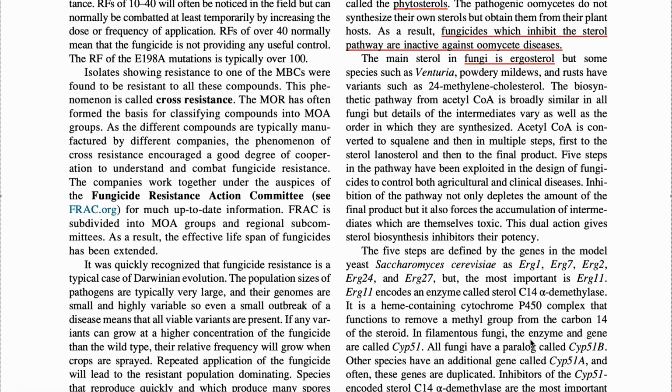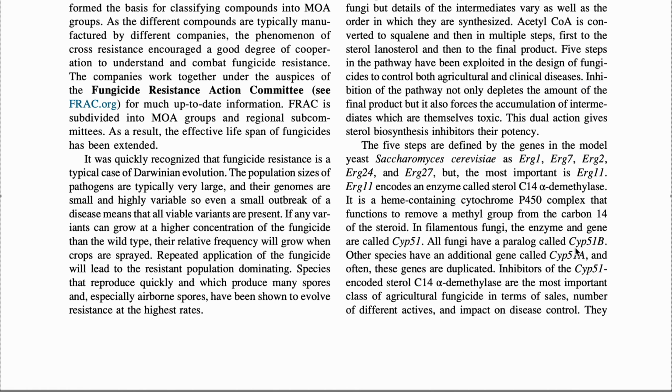In filamentous fungi, the enzyme and gene are called CYP51. All fungi have a paralog called CYP51B. Other species have an additional gene called CYP51A, and often these genes are duplicated.